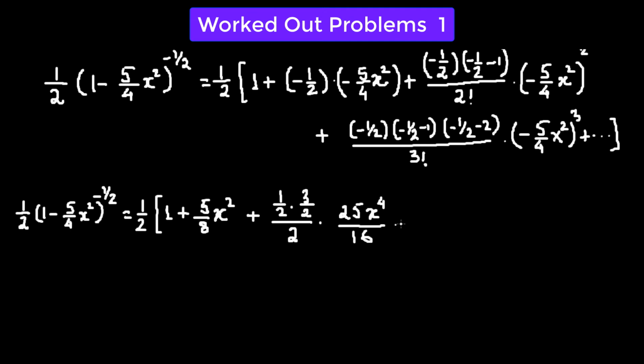Then we move on to the fourth term. So we have negative half times negative 3 over 2, so that would be negative half times 3 over 2, times we have a negative 5 over 2, divided by 3 factorial, which is simply 6, times negative 5 cubed would give us a negative 125, times x squared whole cubed.